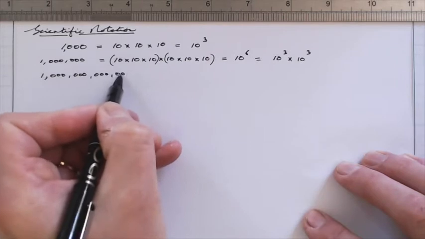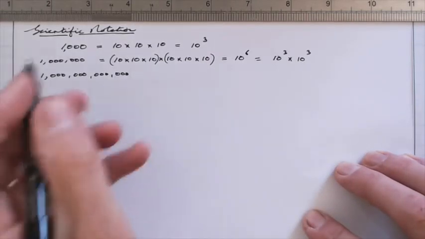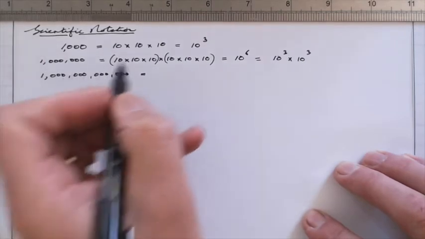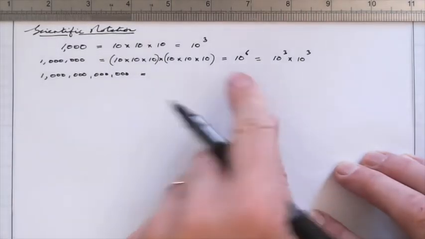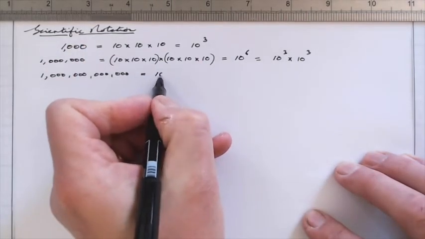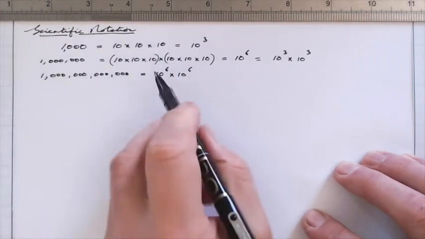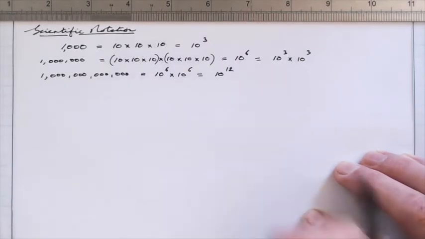And you can see why we have scientific notation, because it's very tedious writing down all these zeros. So this is 1,000,000,000,000. It's 10 multiplied by itself 12 times. I'm not going to write all those tens, but in saying that it's 1,000,000 times 1,000,000, I can very easily write this, and then of course we see that 1,000,000,000,000 is 10 to the 12.